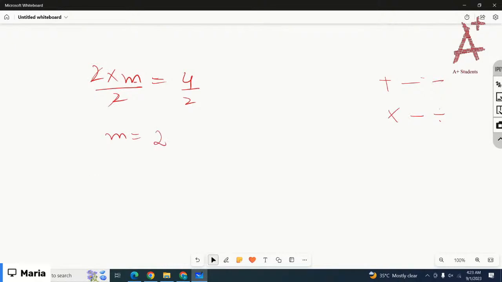So the correct option is 2. Okay, so m equals 2.